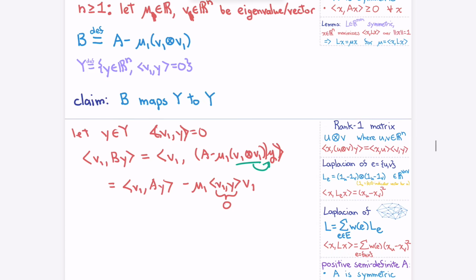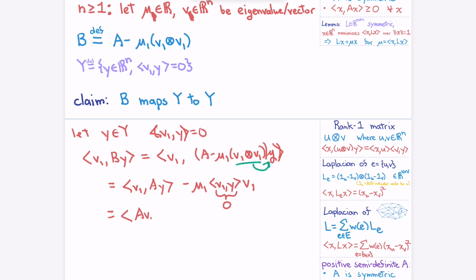Okay. And then what do we have here? Okay, so that second term will go to 0 because y is orthogonal to v1. Oh, okay, it's symmetric.